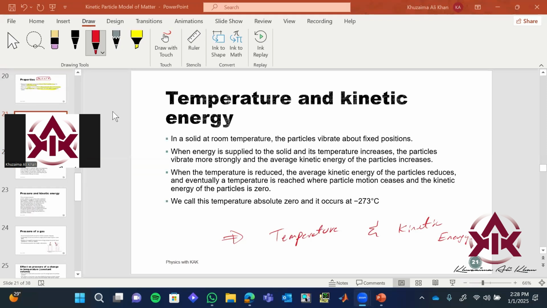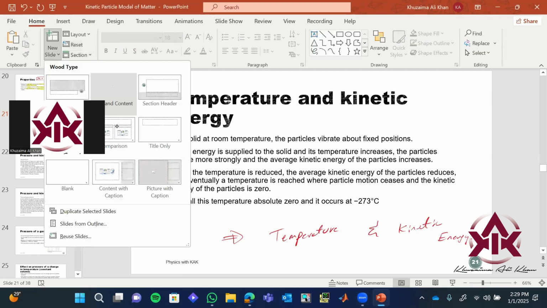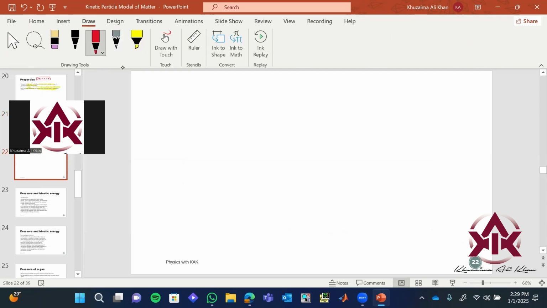Hello guys, welcome. I hope that you thought about this and what the relation of temperature and kinetic energy is. For that, let's go to a blank slide and see what happens. Let me draw a container, a 2D shape, for reference.